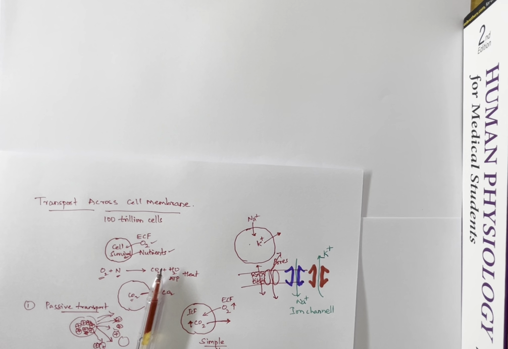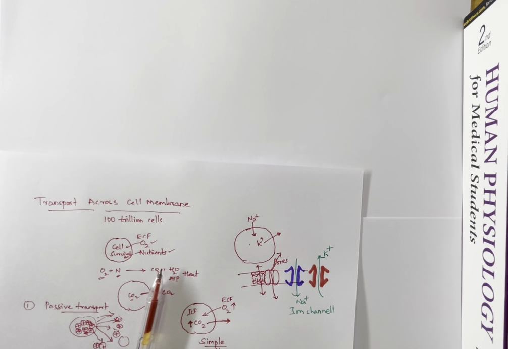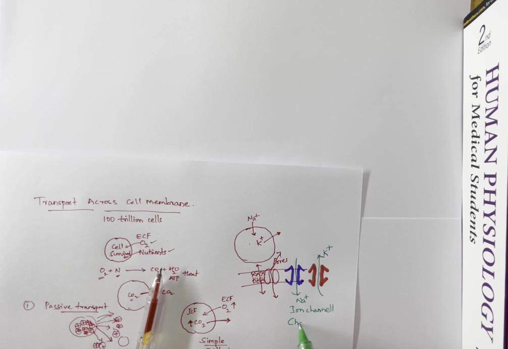So the movement of ions across the cell membrane is happening through the utilization of integral proteins or transmembrane proteins, which are acting like channels, channel proteins. So this is also an example of simple diffusion, where the movement of ions along the concentration gradient happens through the pores of the channel proteins.